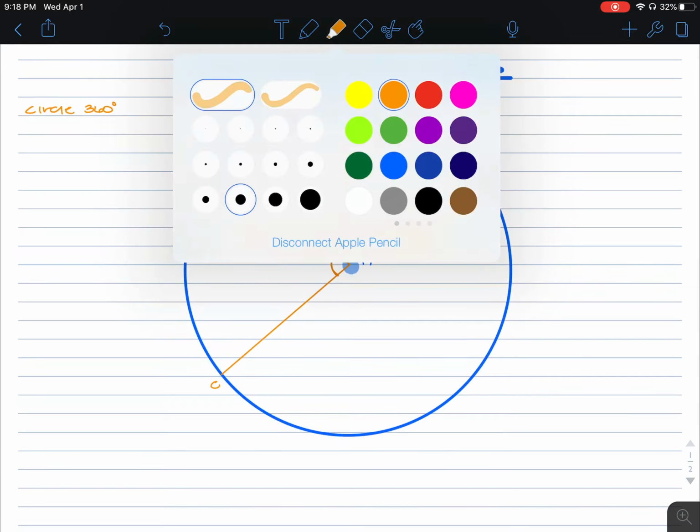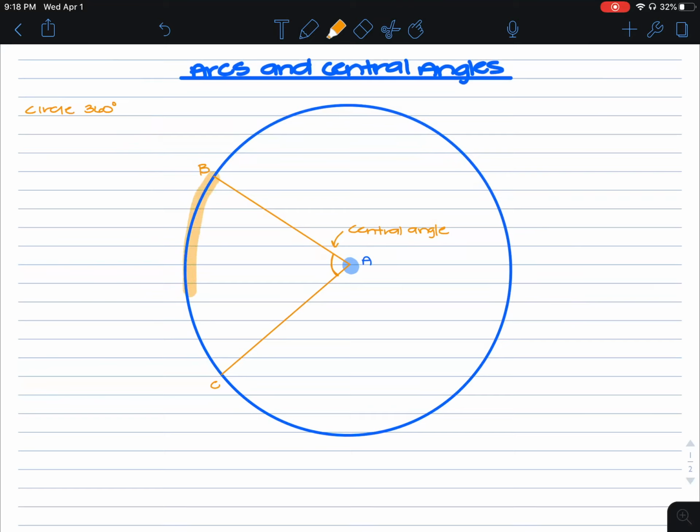I know my minor arc is this orange piece here. So to find the measure of my arc, again, this is my orange arc, my minor arc, that is labeled as BC with an arc on top.